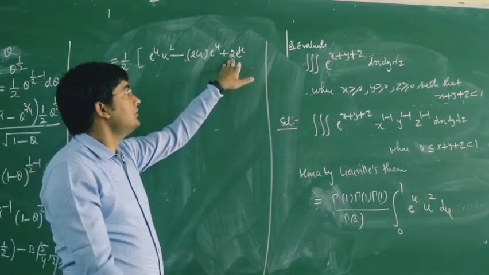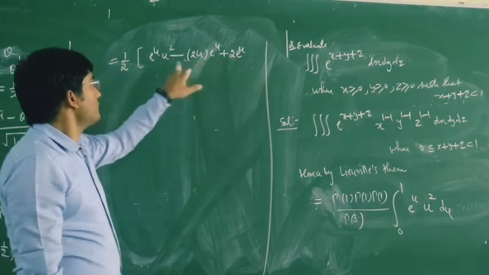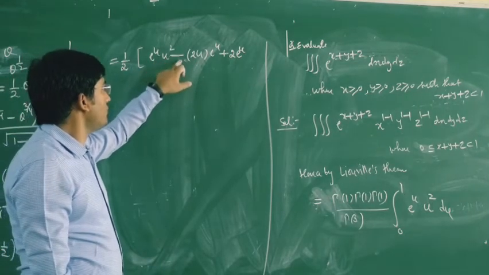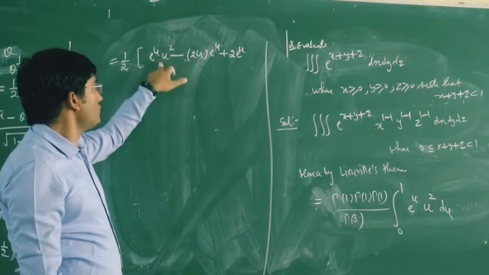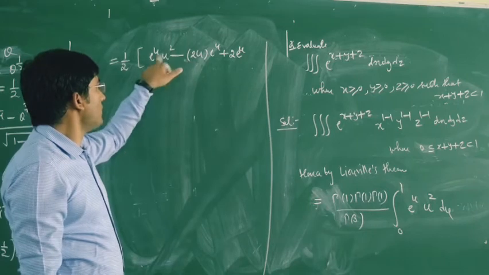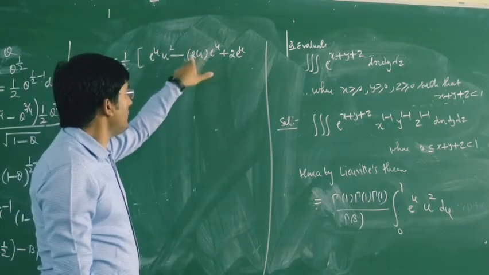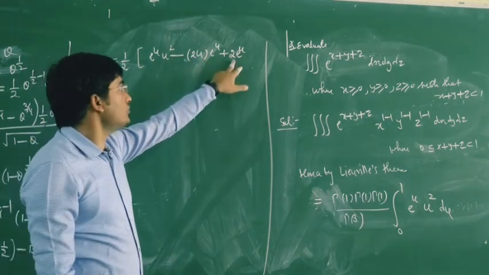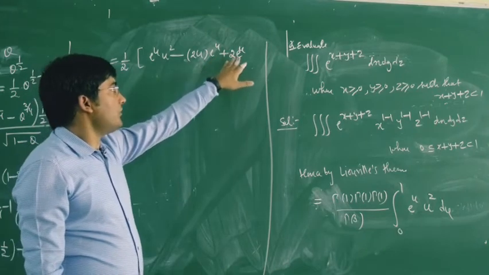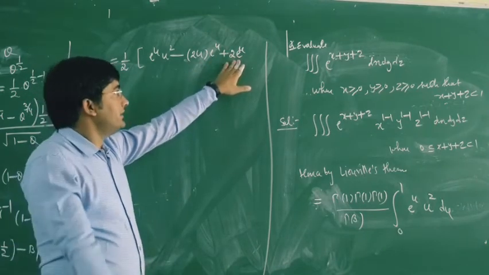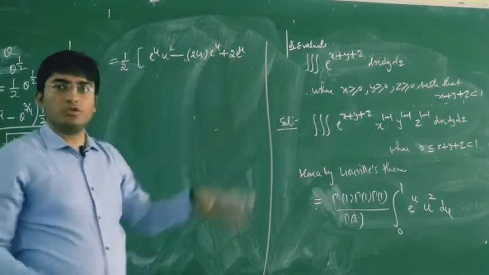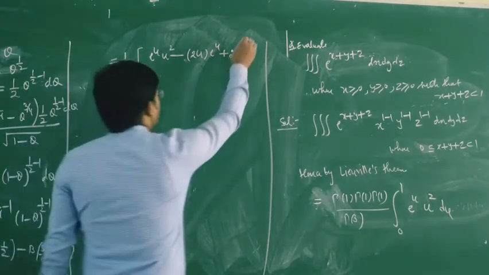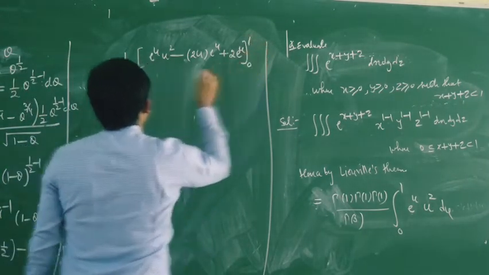So we have only 3 terms: e power u into u square, then minus sign, differentiation of u square is 2u, then integration of e power u is e power u. Then again we differentiate 2u, which gives 2, and the integration of e power u is e power u. And in the next term, the differentiation of 2 is 0. So we have just 3 terms, and then the limit from 0 to 1.